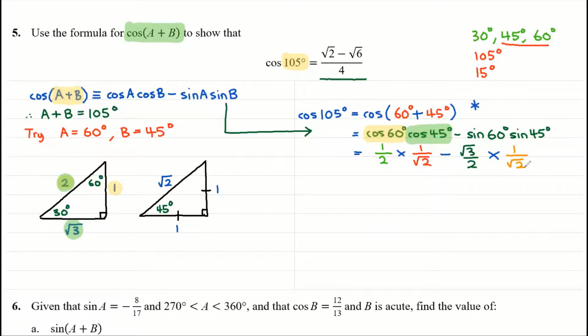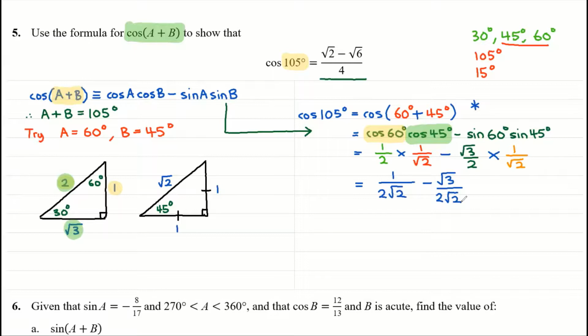So now we have to collect, well, let's multiply these out and see if we can write them as a single fraction. But the hard work's done now. So we've now got 1/2√2 subtract √3/2√2. So the nice thing is we've got the same denominator, but it looks like we're going to need to rationalize our denominators here.